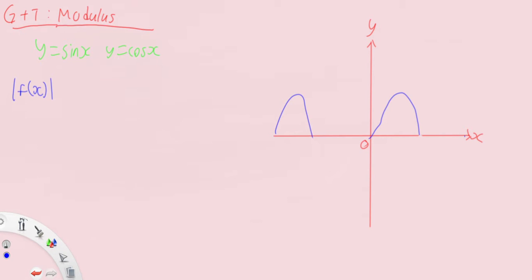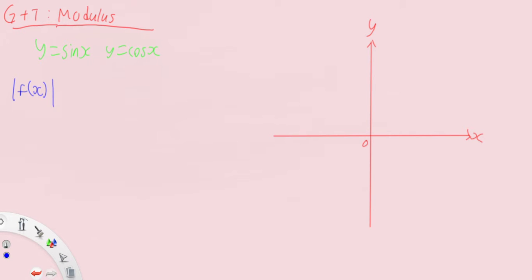And of course, if you want to take negative mod sine x, then it will be the other way around. It will be something like this. The bottom will be minus mod sine x, and the top will be plus mod sine x. So that is basically it for mod sine x.